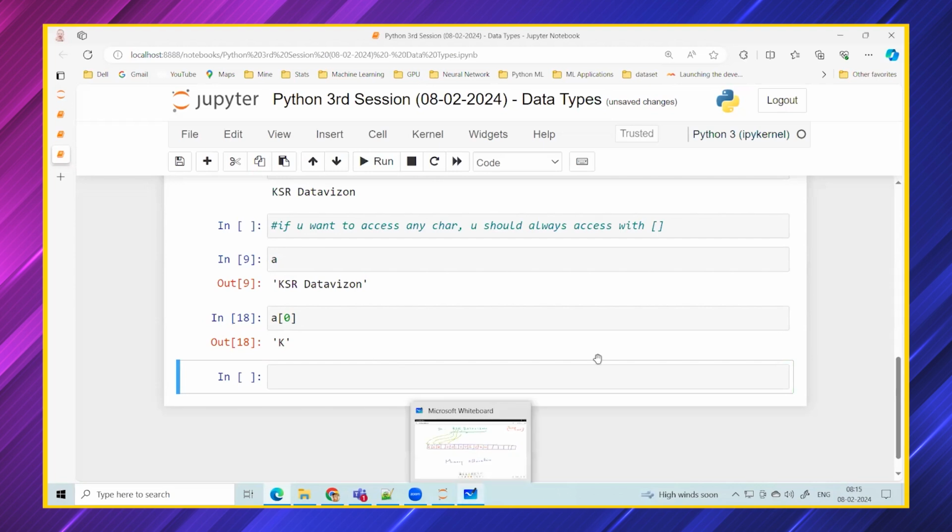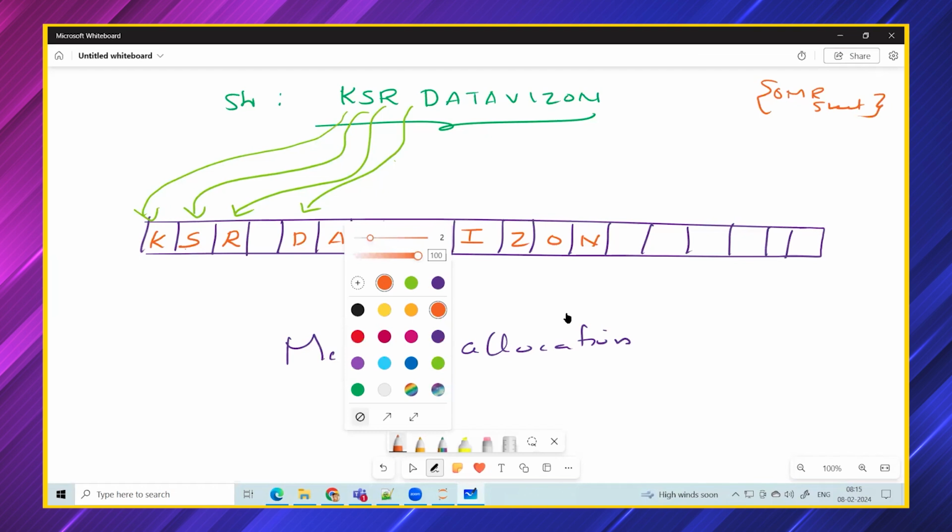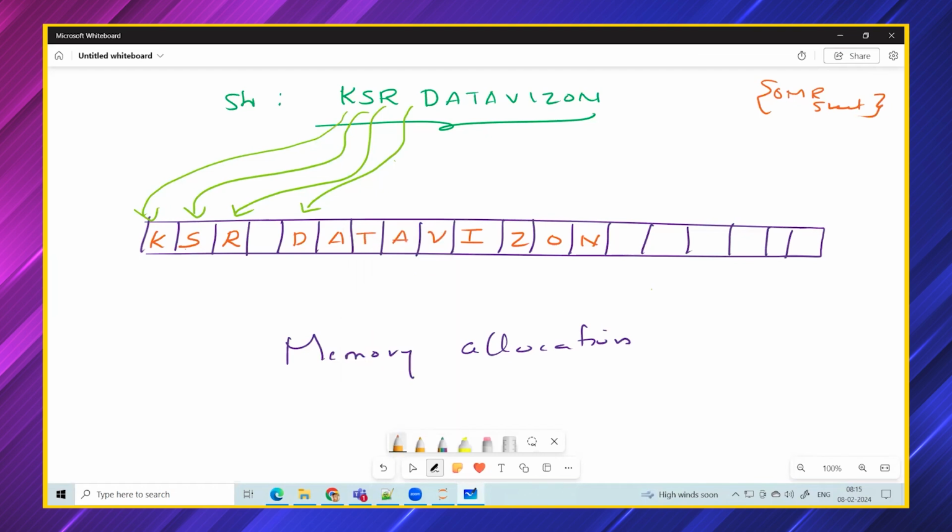Please do remember that in Python this is called indexing. If you want to access the elements, you have to access them via indexing.